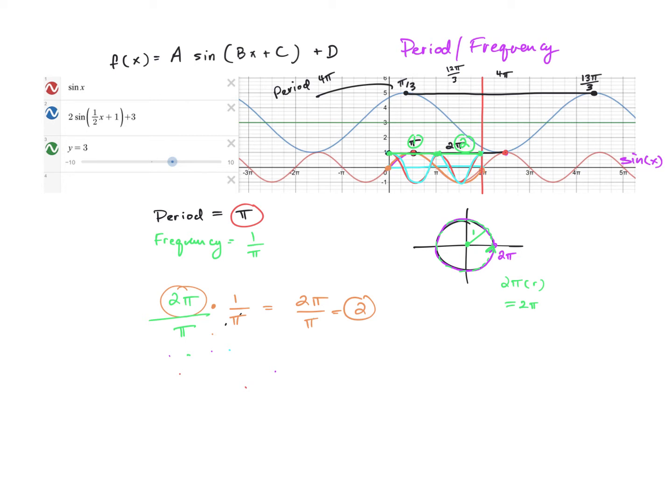So what we're saying is the distance from a maxima to maxima is about 4 pi, meaning my frequency is 1 over 4 pi, meaning that if we take that 2 pi and we divide it by 4 pi, I'm only going to get a half of a cycle.